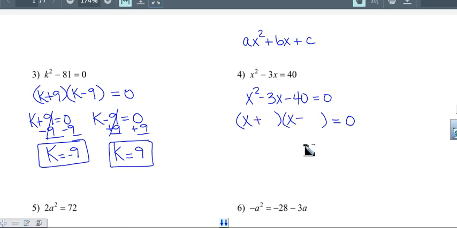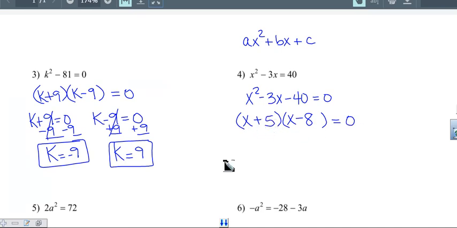That's how I know that they're going to subtract. Can you think of 2 numbers that multiply to 40 and subtract to give you 3? 5 and 8. So which one's positive and which one's negative? The 8 is larger, so it will match the middle term, negative 8 and positive 5.